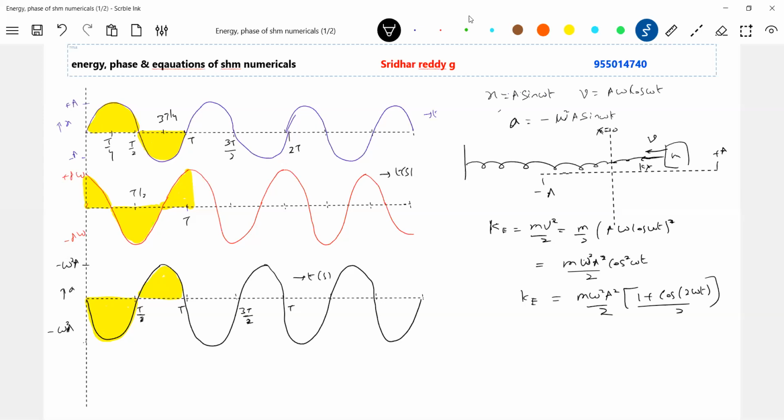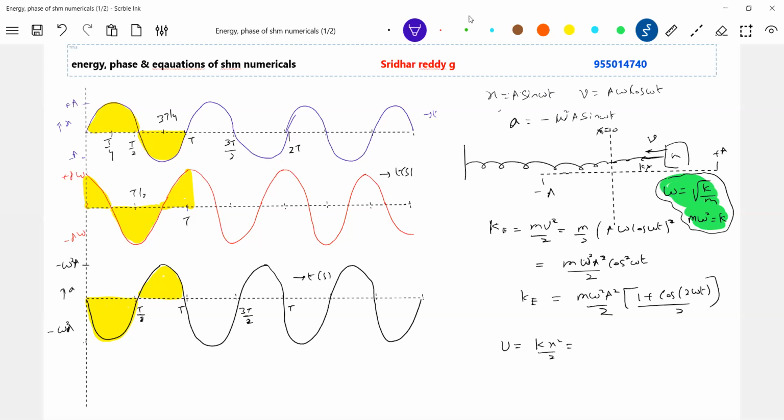That's the kinetic energy. Similarly, I want potential energy. What shall I write? Potential energy is equal to k x square by 2. In fact, we know what omega is. Omega equal to root of k by m. So shall we write m omega square equal to k? Where all I want, I'll do such replacement. So shall I replace k as m omega square?